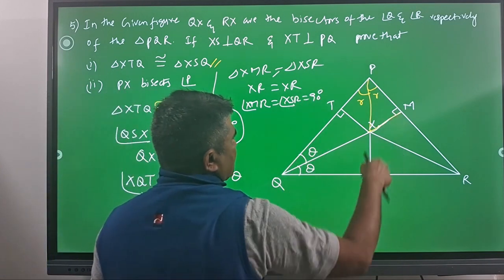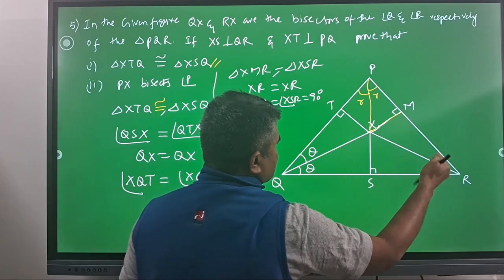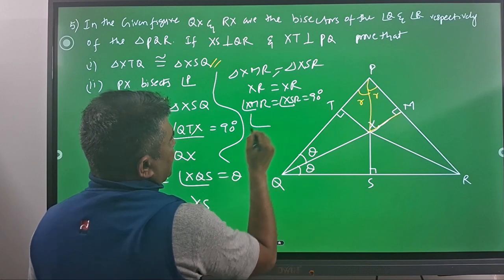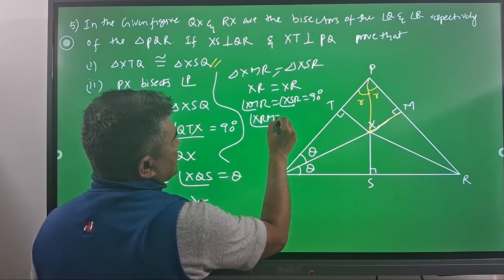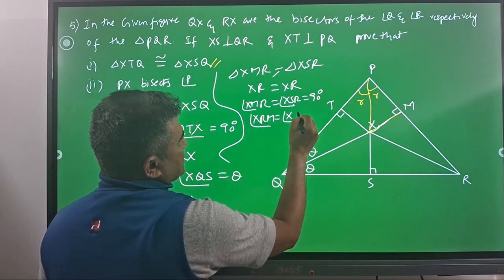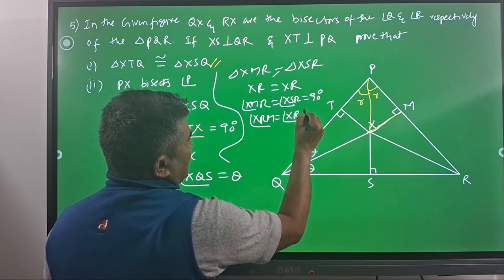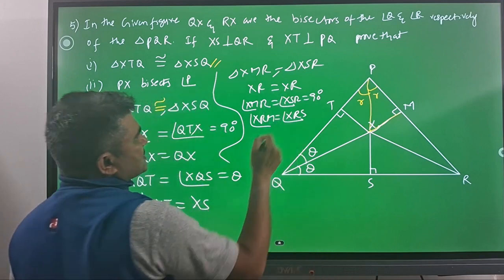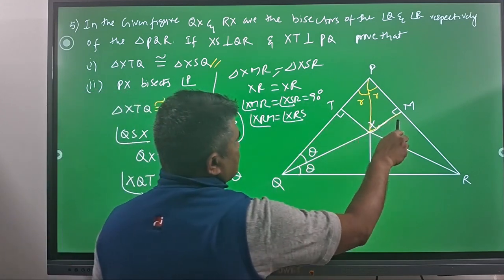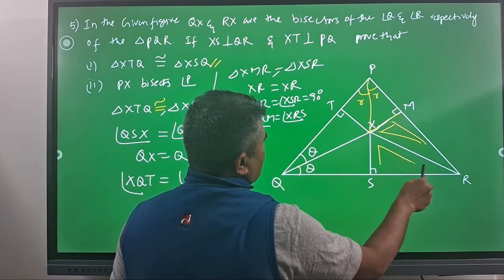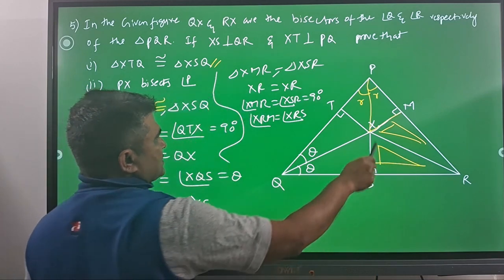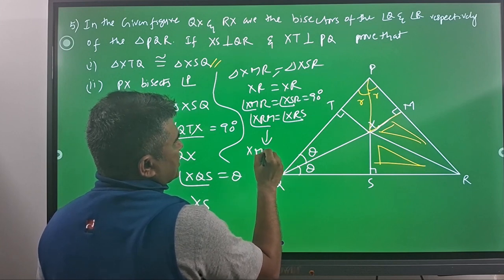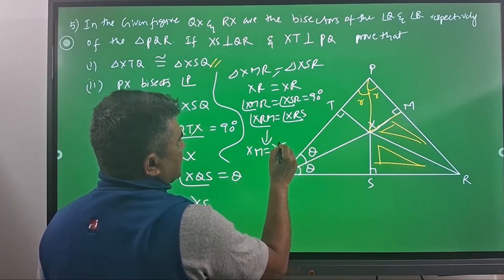And even it is specified that XR is a bisector of this angle R. So we can take angle XRM is equal to angle XRS. So these two are the same. So from these three relations, we can say that this triangle is congruent to this. From this congruency, we can derive that XM is equal to XS.